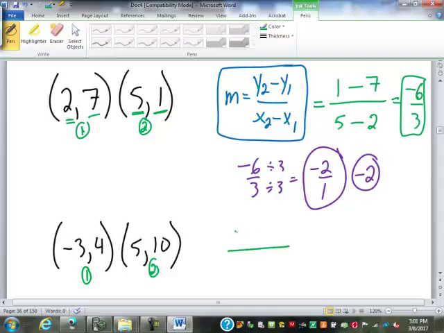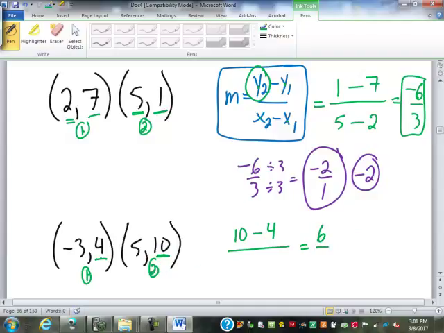On top, of course, the first number is y2. So what's y2 going to be down here? The 10. The point 2 y coordinate is 10. Minus y1. What's y1? 4. Good. Point 1, the y coordinate is 4. 10 minus 4 is going to be 6.